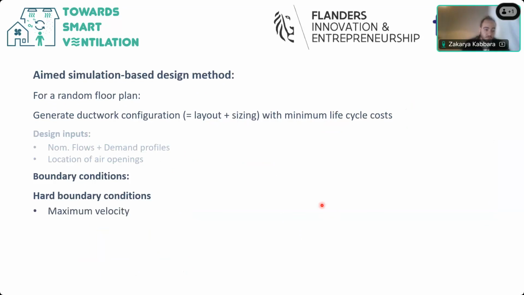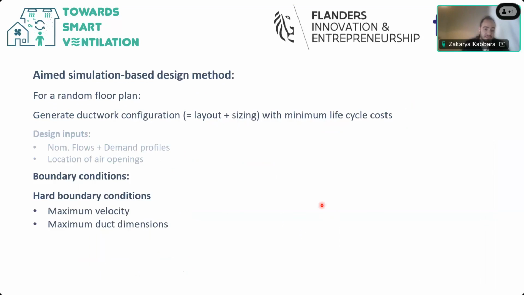The first hard boundary condition is the maximum velocity, which can be determined using the local standard. For example, the maximum velocity in shafts is higher than the duct velocity in rooms.